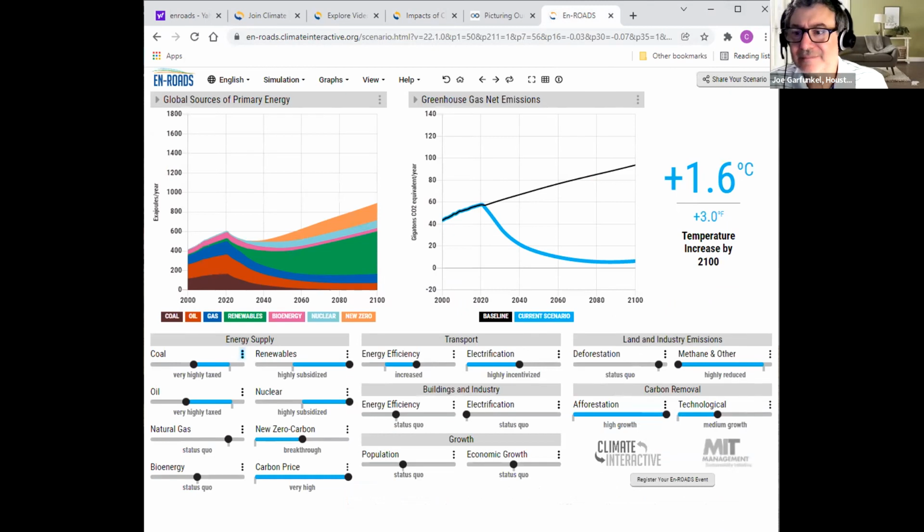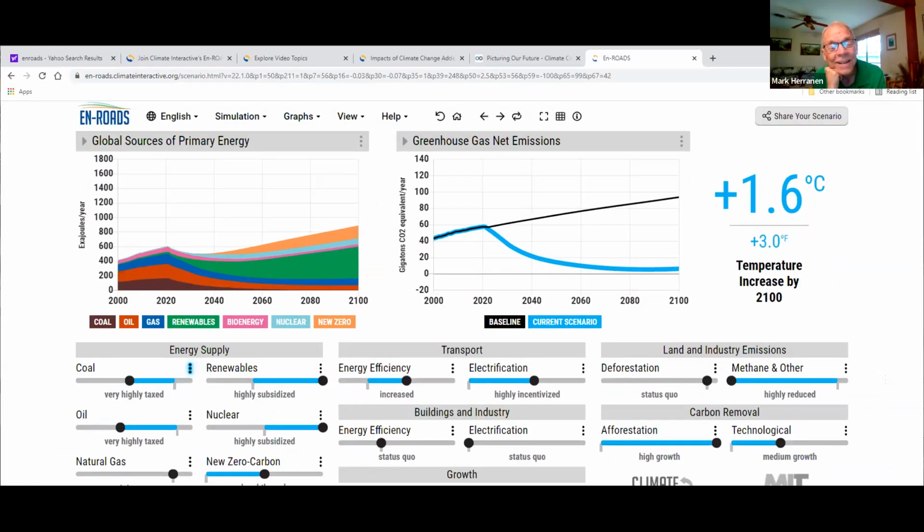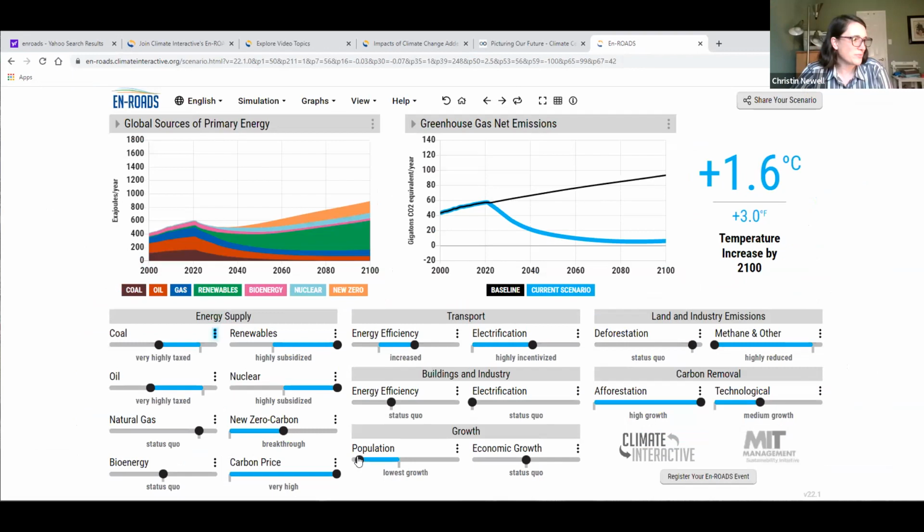What about population restriction? Yeah, they have that on there as well. So we can reduce population growth. The base case is the UN projected numbers, and then we can add some reduction. You can see it doesn't change the energy mix, it just changes the total demand.